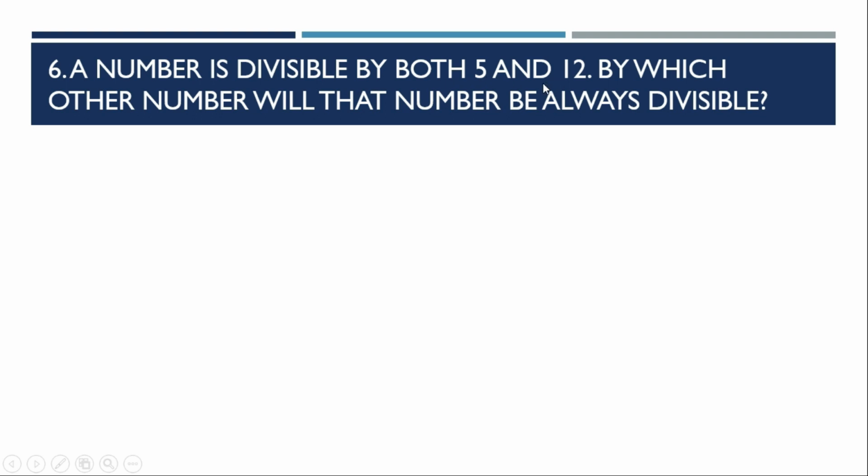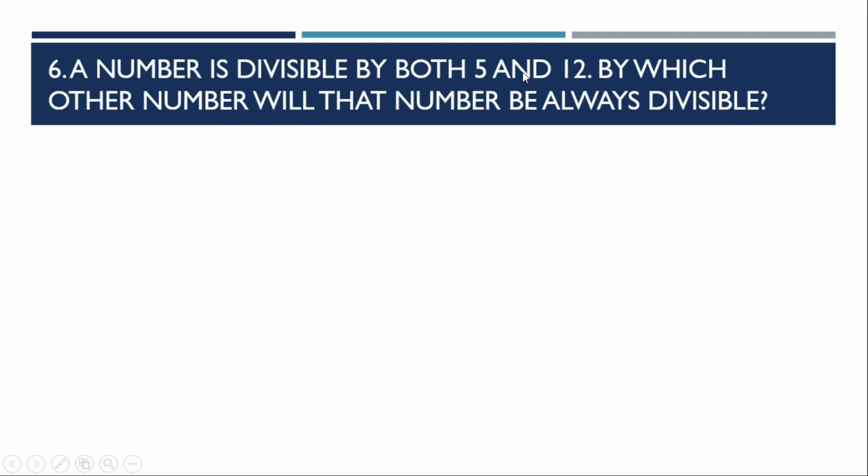If a number is divisible by both 5 and 12, then what exact number will be a divisor to the number again? That's what they are asking. So what it is, a number will have both these as a factor. So that will be the answer. So what is that?